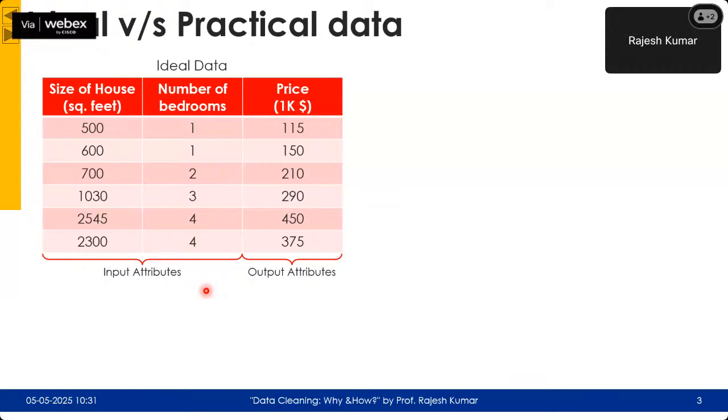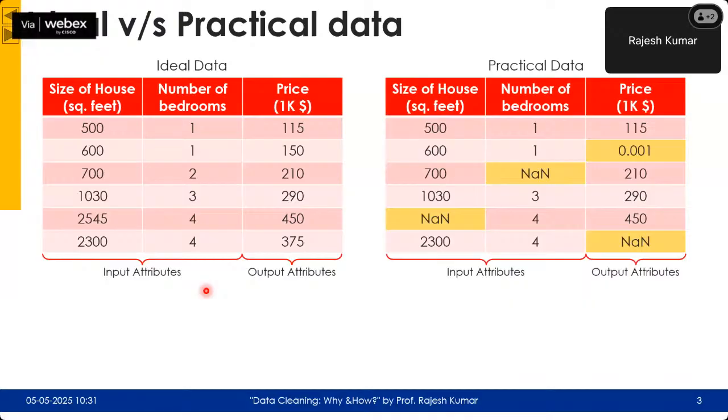So when we do it, our practical data comes like this. And when it is like this, the data needs to be corrected. It needs to be converted into an ideal one so that we can develop good models. So what are the issues with such practical data?